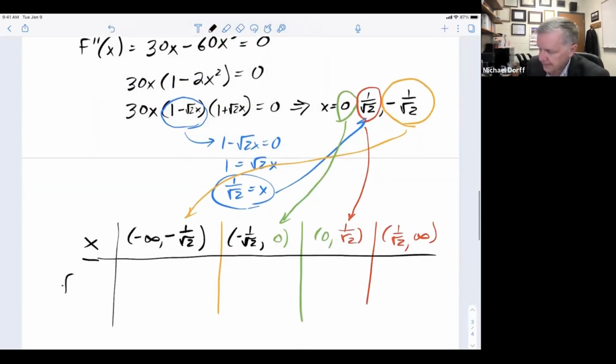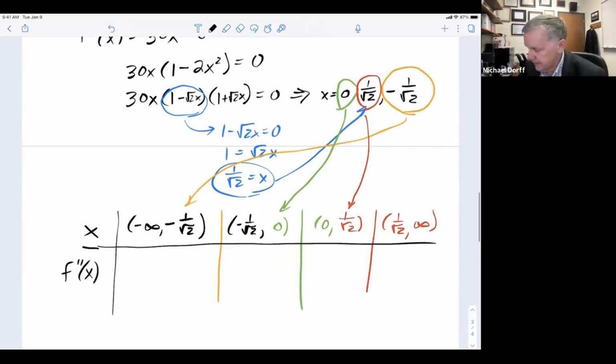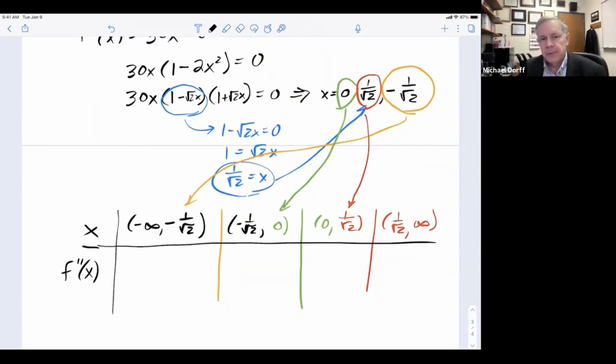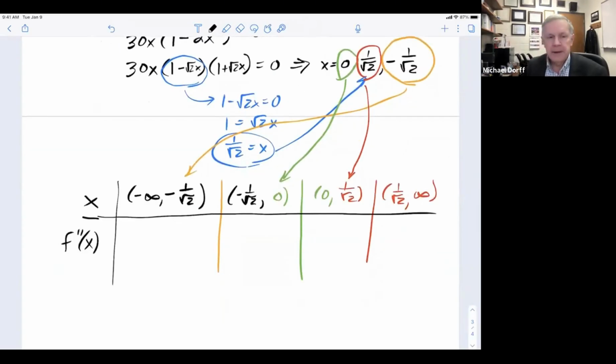Now I want to look at the second derivative, because the second derivative tells me information about concave up and concave down. Just like before, all I need to do is take a point inside each interval and find out whether the second derivative is positive or negative. So here, it's good to know that 1 over square root of 2 is approximately 0.7.